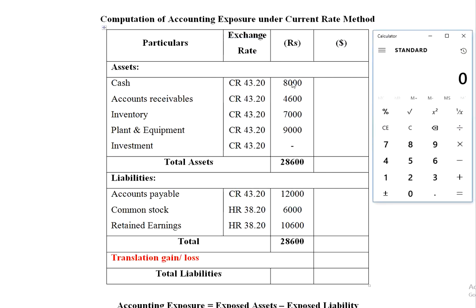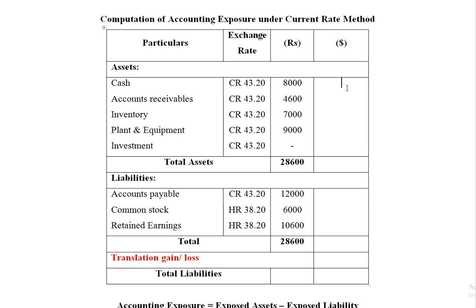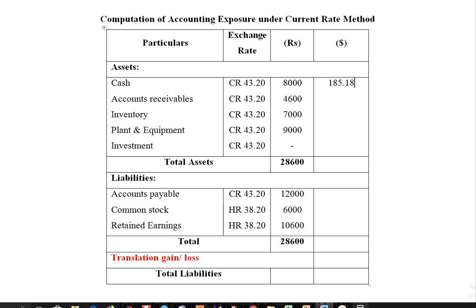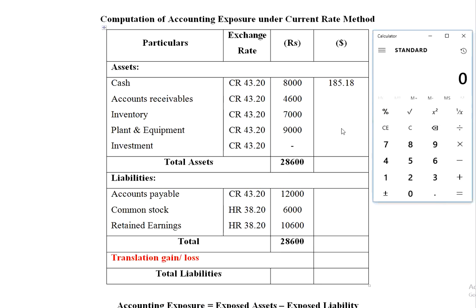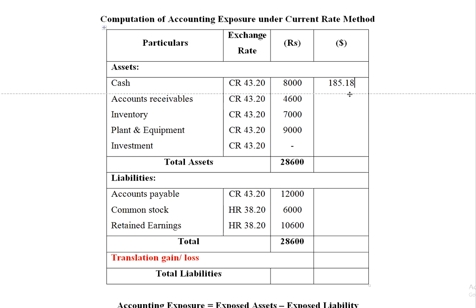So this one, 8000 divided by 43.20, the value is going to be 185.18. So just check here, 185.18 I have written. And the next item is 4600 divided by 43.20, it is 106.48, right? 106.48.